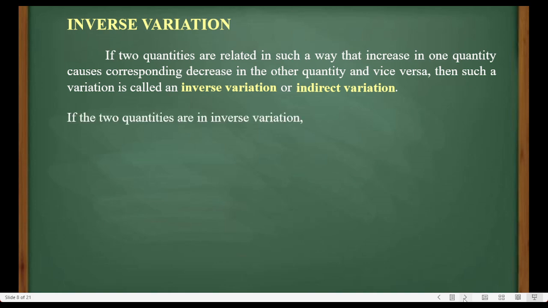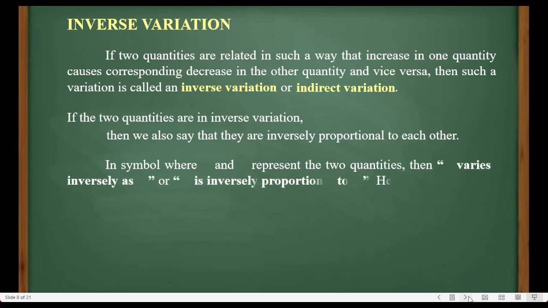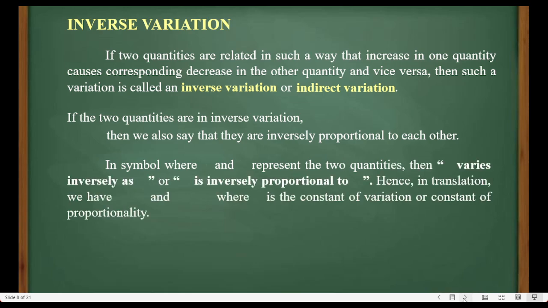Now, if we have two quantities under such variation, then we also say that they are inversely proportional to one another. So in symbol, where x and y represent the two quantities, we can say that y varies inversely as x, or saying this statement in another way, y is inversely proportional to x.